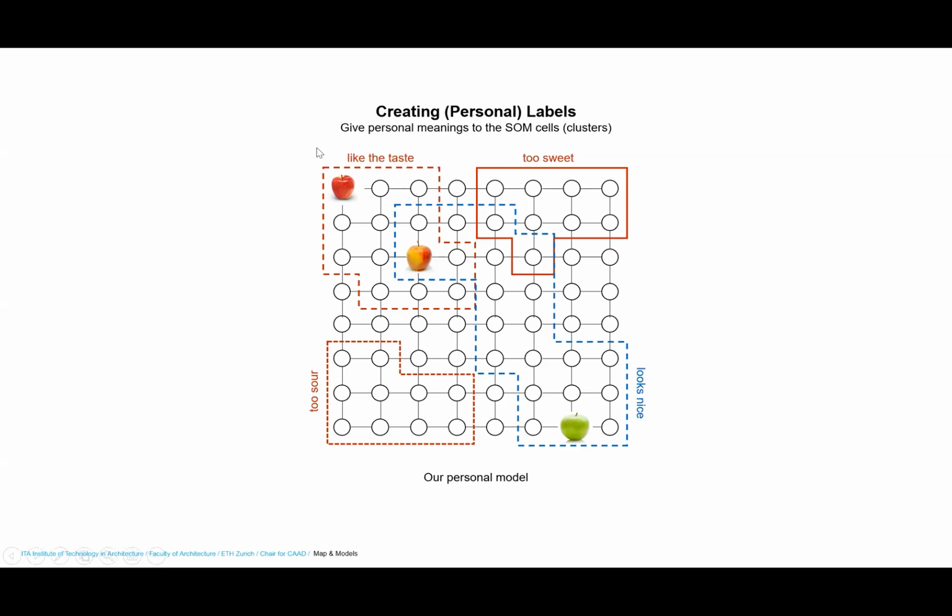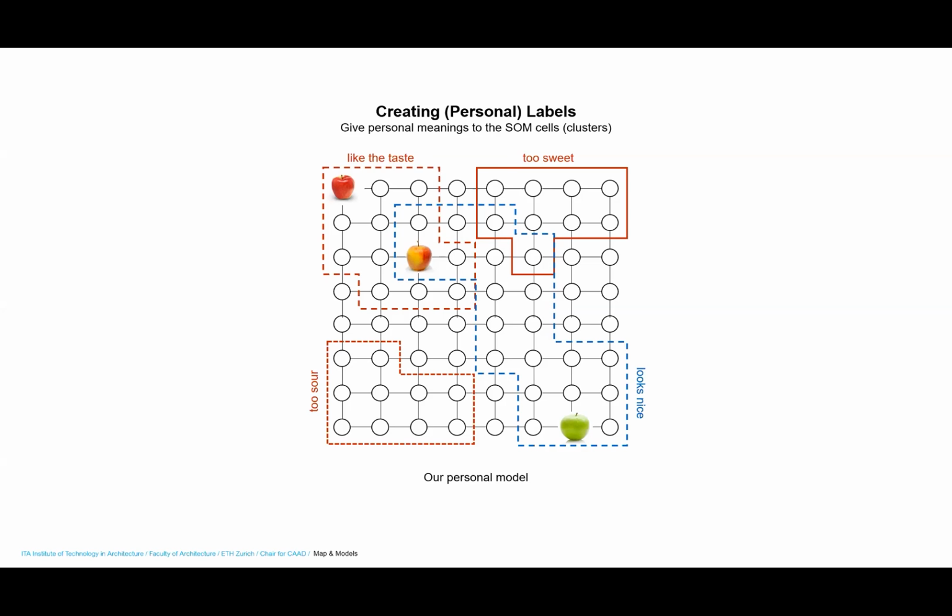For example, I can say, I like the taste of this part of the apples, having eaten different kinds of apples. And I can say, this part of apples is too sweet, it tastes like sugar, not like fruit anymore, or it's too sour and I don't like them. Or there's another group of apples that I simply like for how they look.